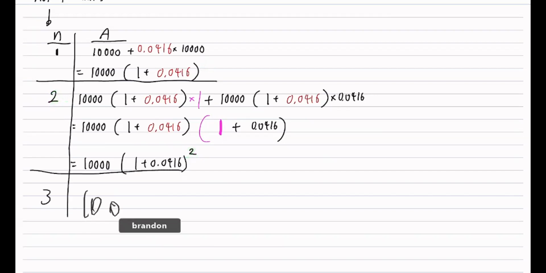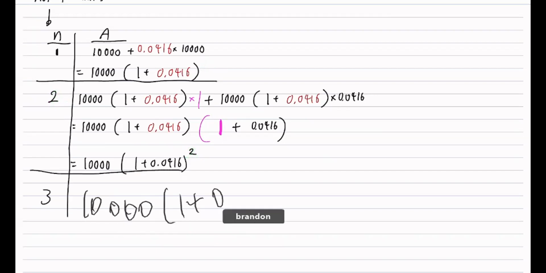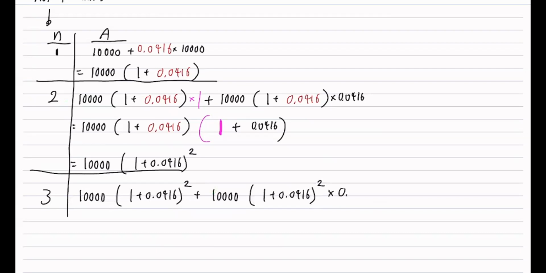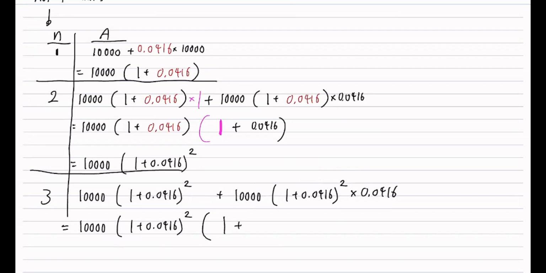If you go on to number 3, you just get the original amount after the end of the second month, but then you have to add on the interest, which means you take that amount and multiply by 0.0416. Then you repeat the process. Factor out the 10,000, bracket 1 plus 0.0416 power 2. You're left with 1 plus, where do you get the 1 from? It's from here, that's a times 1, invisible times 1. Then you add on the 0.0416.